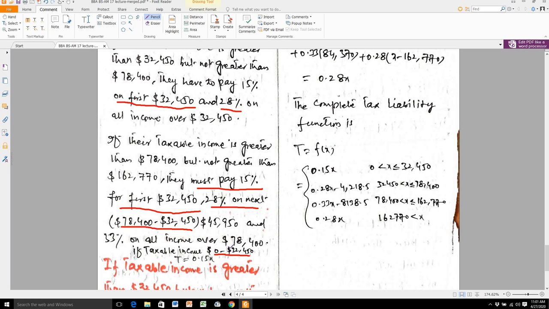We say the income lies in this interval, that is x, so we multiply this x by 0.15.